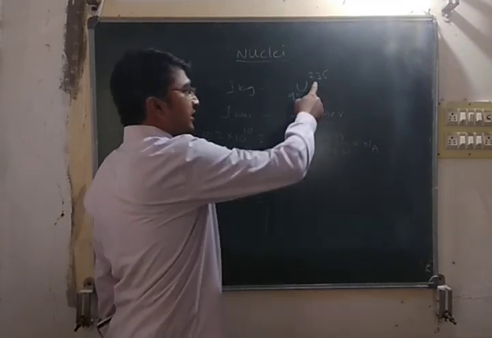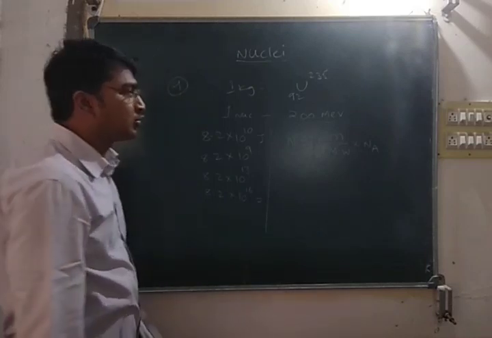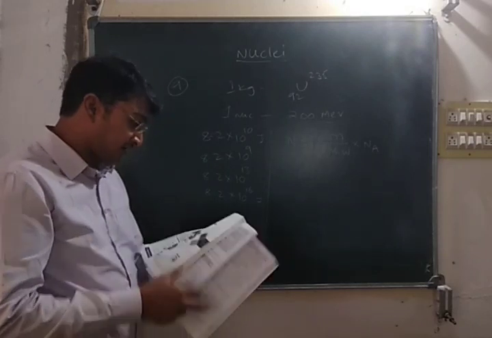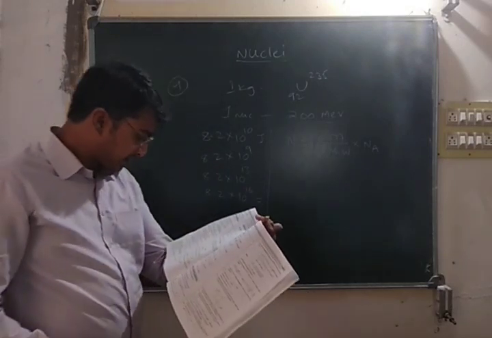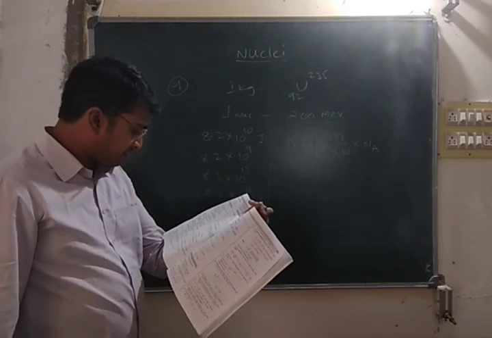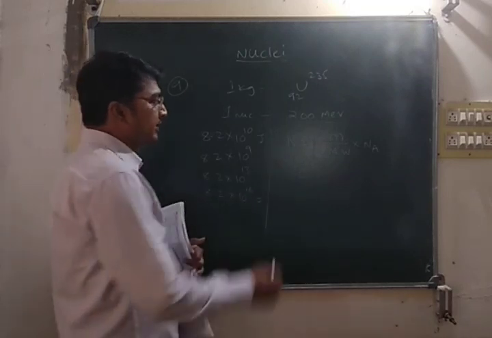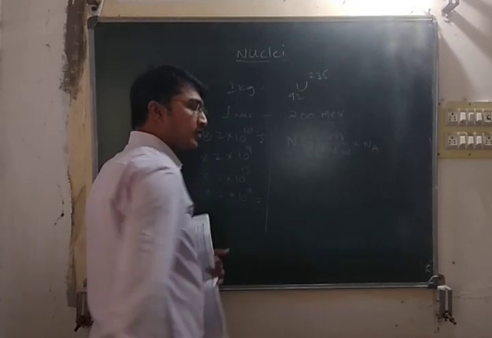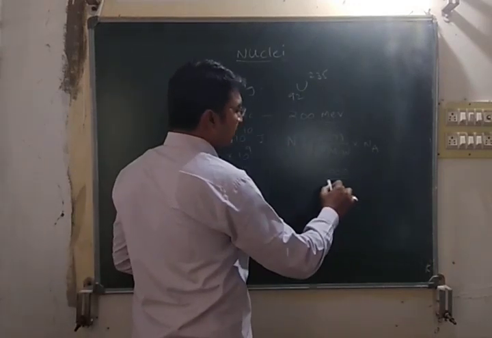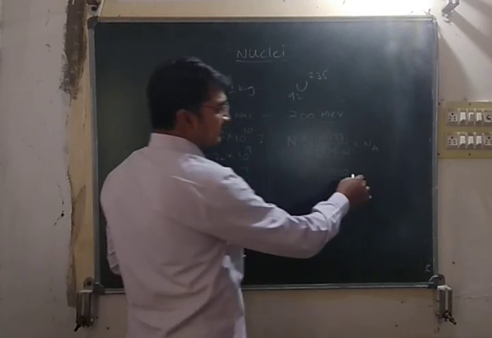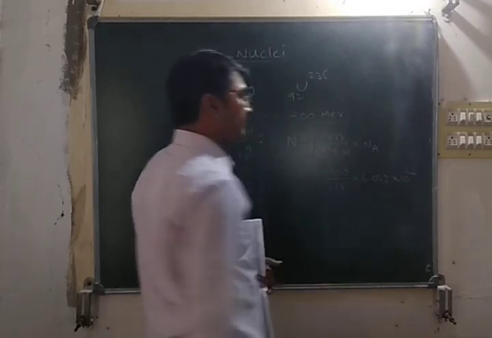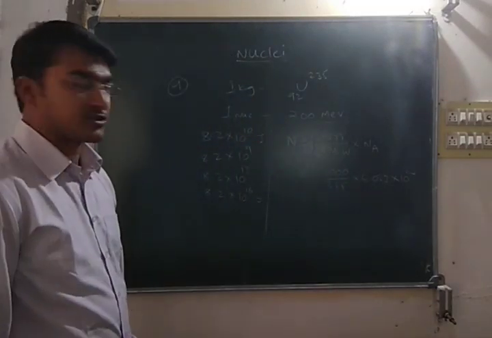The molecular weight you can take as 235, times Avogadro number, 6.023 into 10 to the power of 23. By taking that into consideration, you will get the number of nuclei. So 1000 divided by 235 times 6.023 into 10 to the power of 23.